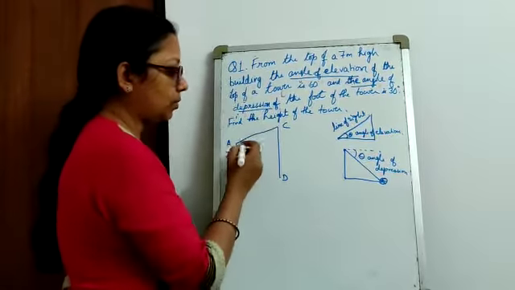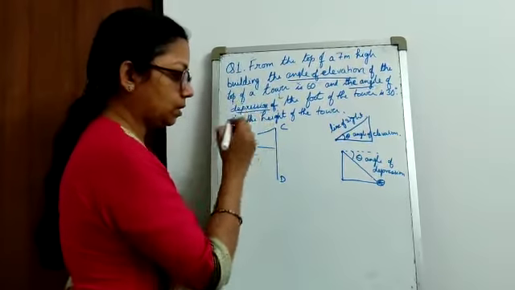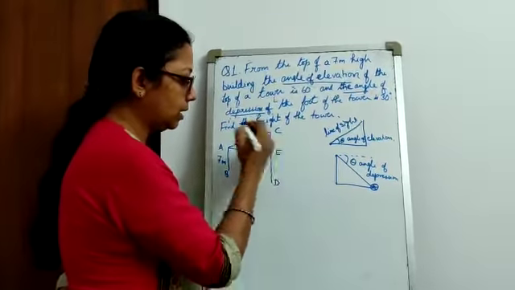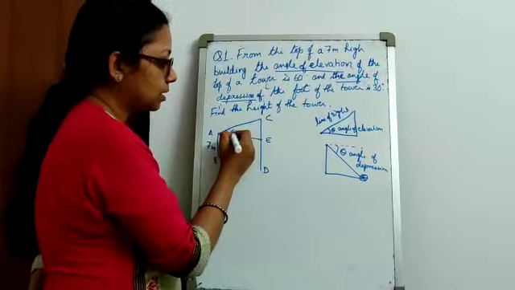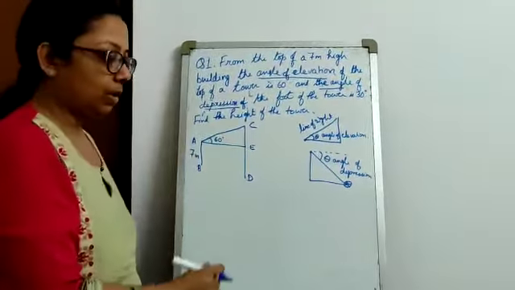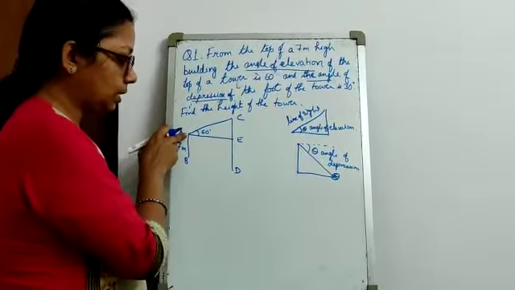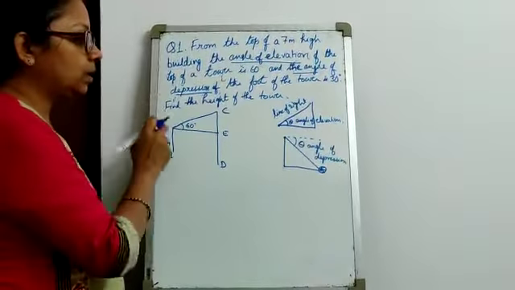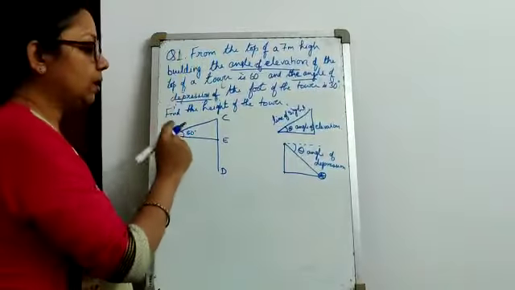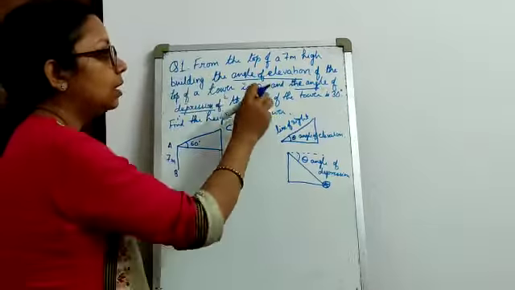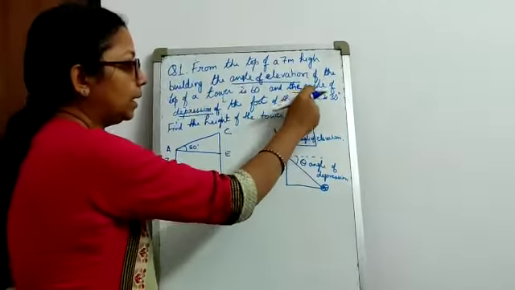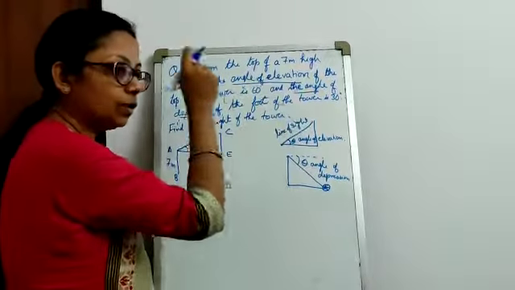So this is my line of sight, and if I connect this point and name it E, this is my angle of elevation, which is 60 degree. I am looking from point A, the top of the building, to the top of the tower, and I formed an angle of elevation of 60 degree. The second part says the angle of depression of the foot of the tower.